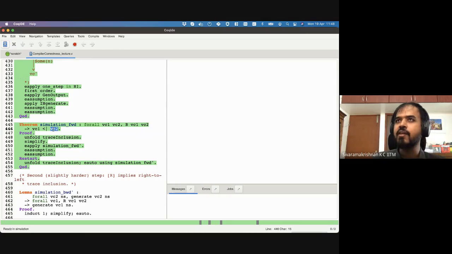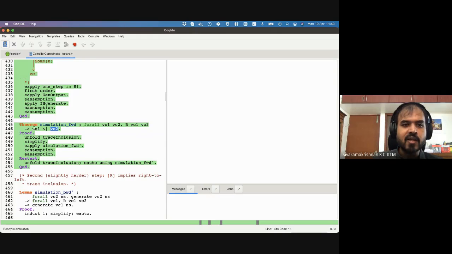VC2 can have other traces, according to just this definition. But really what we want is that they produce the same trace, right? You don't want the optimized program to have additional behaviors. That would just be wrong, right? So you say your program prints 1 and you optimize it and it can print 1 or 2. That's not really what you want, right? You want them to produce the same set of traces.